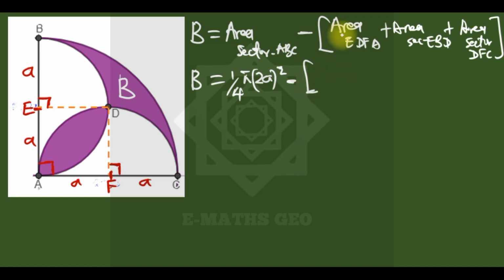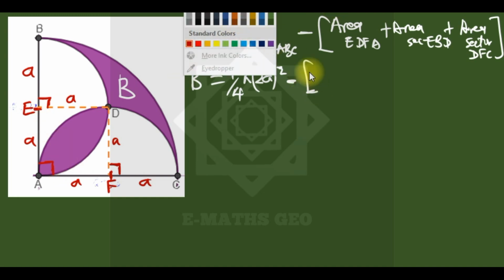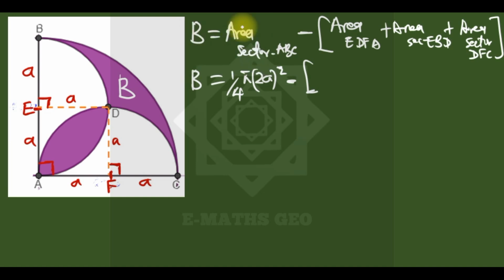Minus the area of a square, this side is also a, so a squared. That's the area of this square, and this is a quarter circle. If you join the two quarter circles, it's now a semicircle.